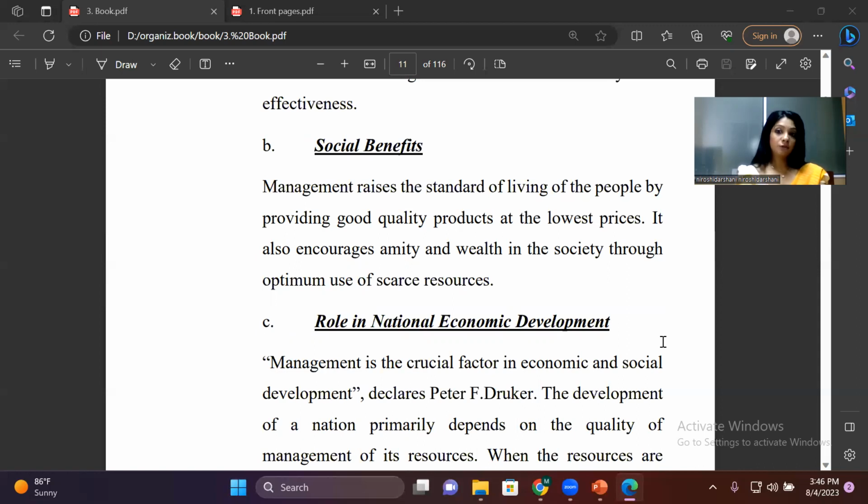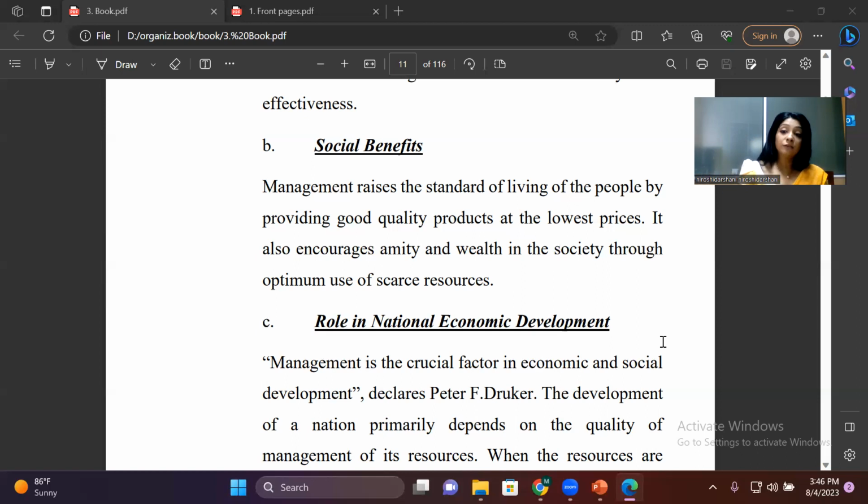Now, once you are doing proper management for your organization, you are making optimum use of scarce resources, right? When you do that, definitely you are not spending a lot. When your efficiency gets higher and higher, your wastages go down.